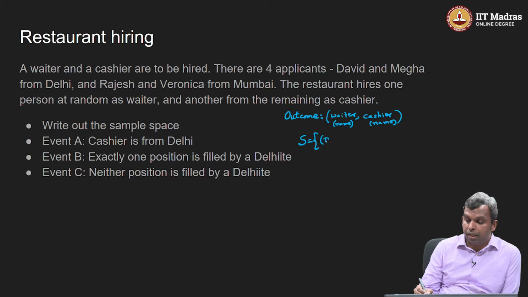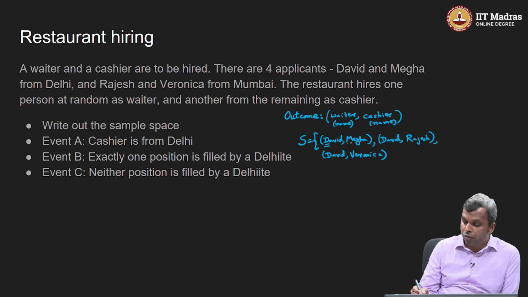So it could be David comma Megha, it could be David comma Rajesh, it could be David comma Veronica, and to save space, I'm only going to write the first initials.